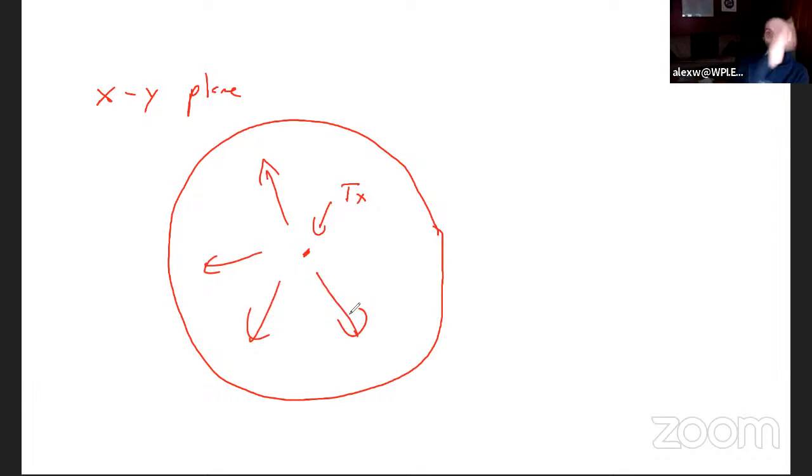Let's forget that, we only want to concentrate energy being propagated in the XY plane, because let's say here I am and I want to pick up a wireless signal. Here's my friend, he wants to pick up a wireless signal. Here's my wife, she wants to pick up the wireless signal. And we're all in the XY plane.